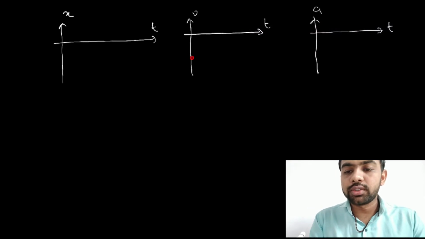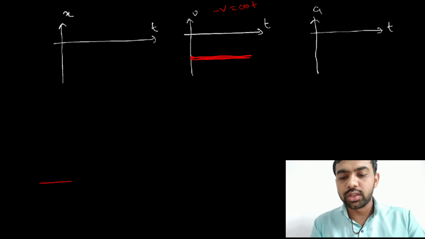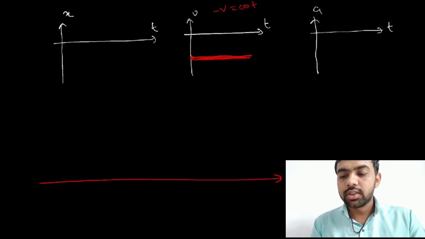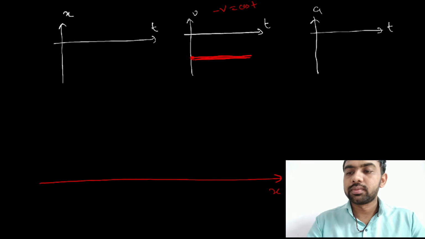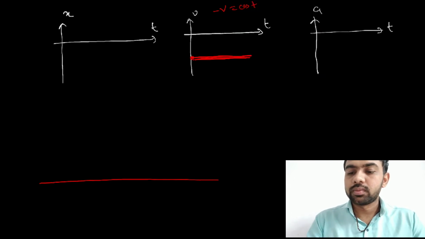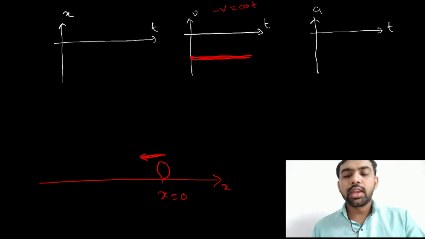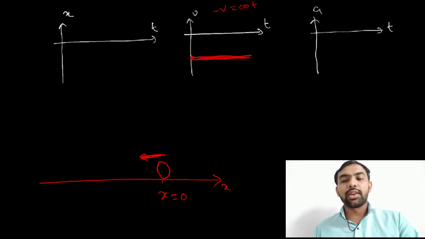Suppose the velocity is this one, meaning the velocity is negative, minus v, equal to a constant along the negative x direction. Suppose this is the x axis, here x is equal to 0, and the object is moving along the negative direction like this, so we call it negative velocity.